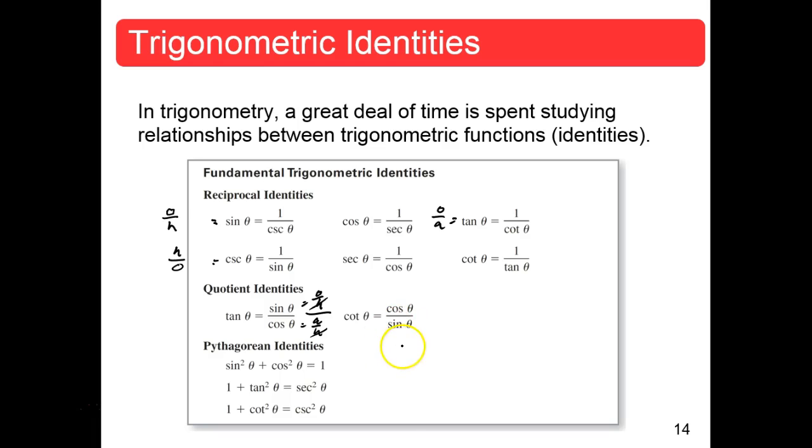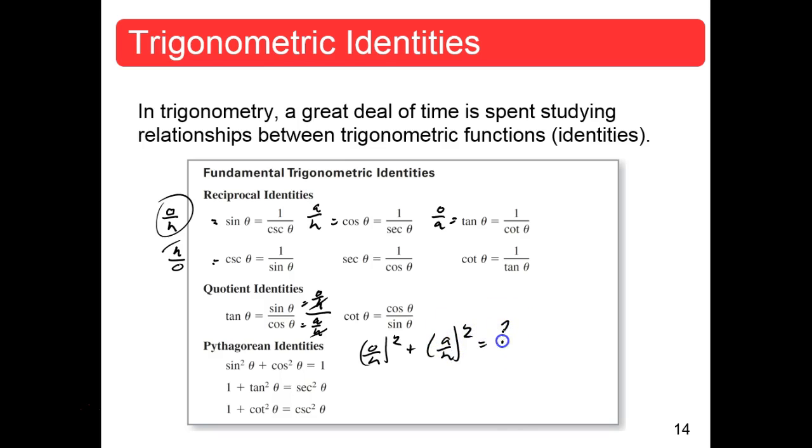What is sine? Opposite over hypotenuse. And we're going to square it. Plus, and what's cosine? Adjacent over hypotenuse. We're going to square that.